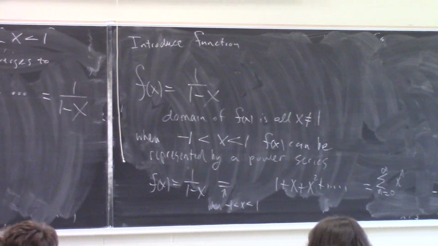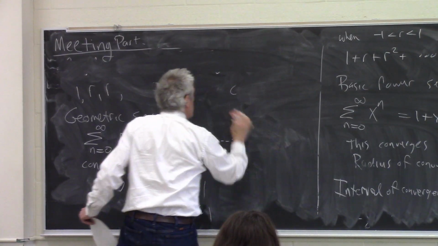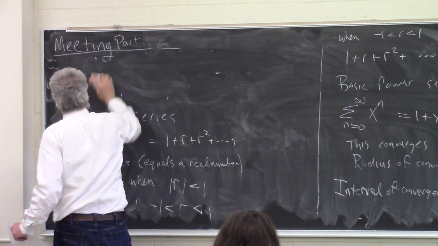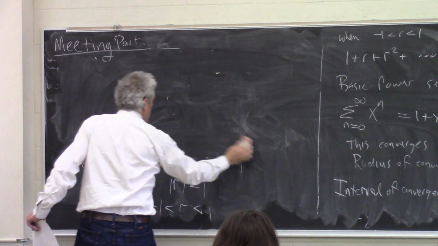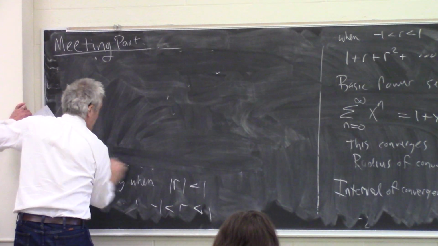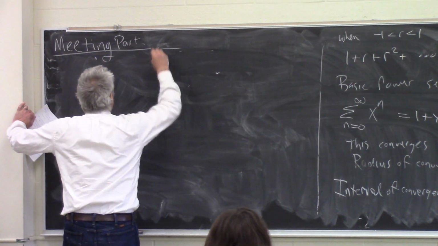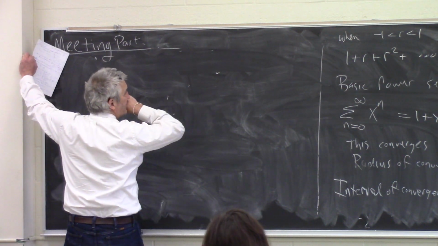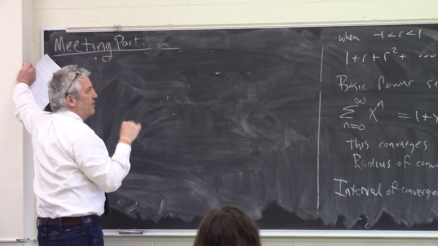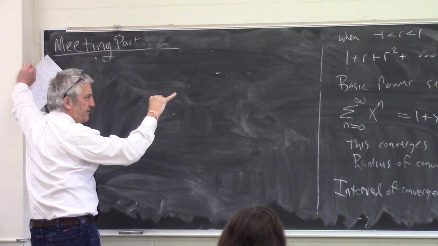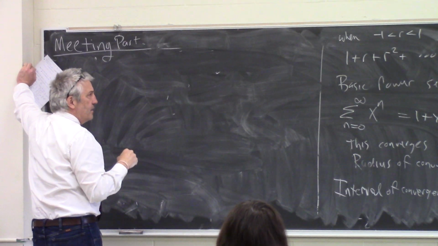Meeting part 2 is basic examples. So basically, finding that result hidden.